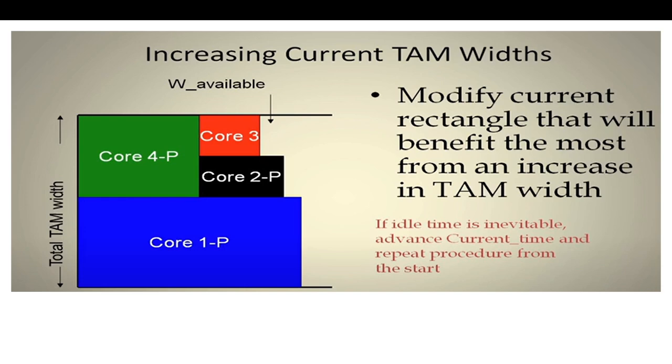So increasing the current time width, now modify the current rectangle that will best fit the most from an increased TAM width. If an ideal time is inevitable, advance current time and repeat the procedure from the start.